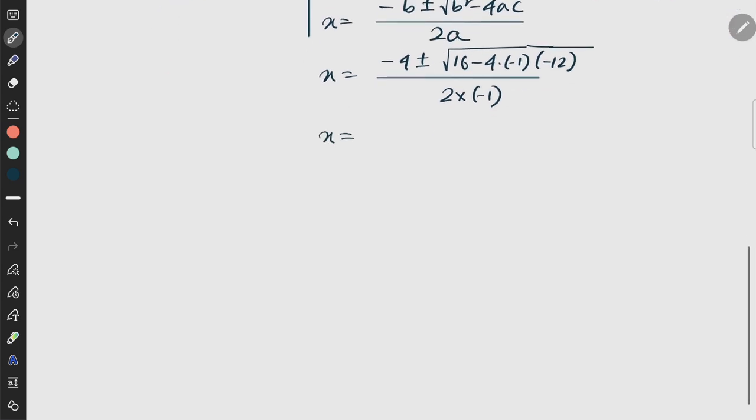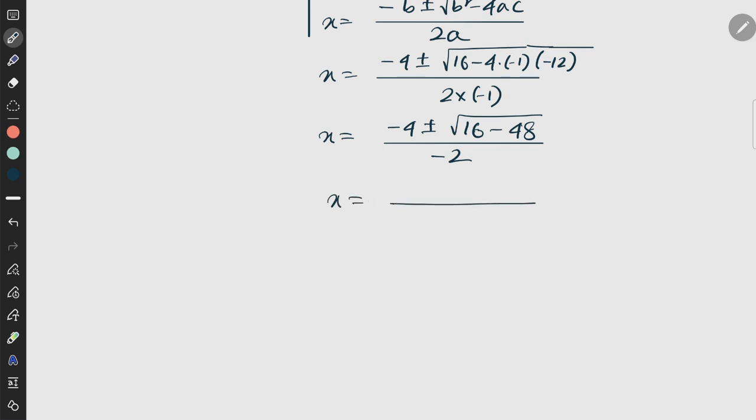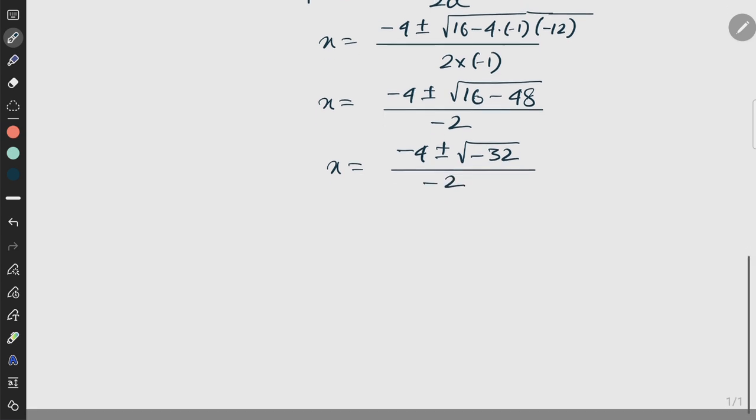Next, x equals minus 4 plus or minus root over 16 plus 48, since the product of three odd negative signs is minus, product is minus 48, under minus 2. Next, x equals minus 4 plus or minus root over minus 32, by minus 2.